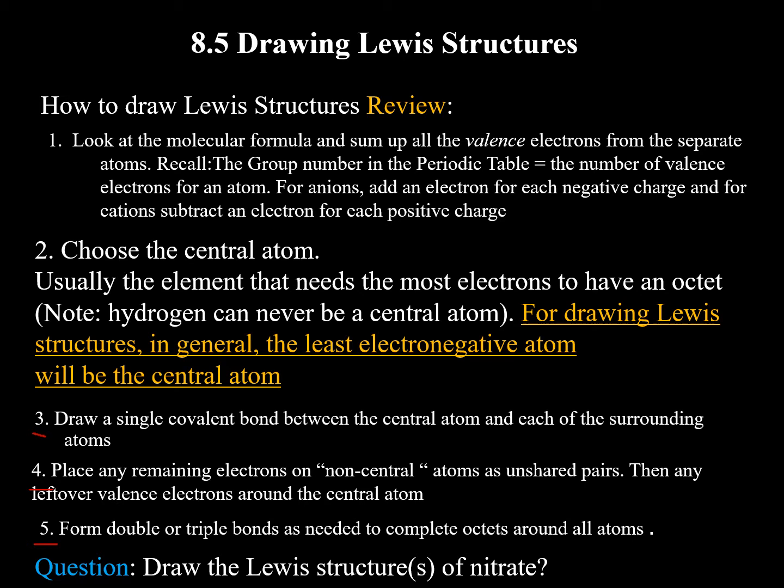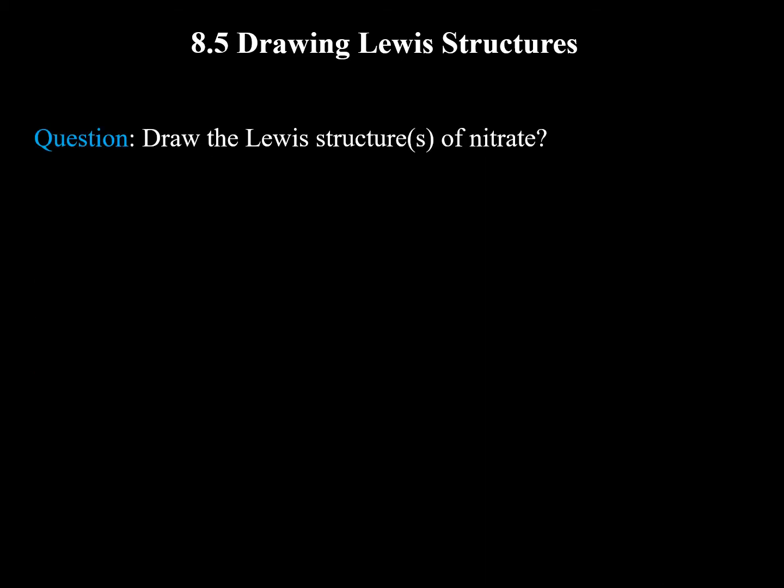So as an example, let's draw nitrate. You can pause the video. As you know, nitrate, NO3 minus. So first step, let's figure out the total valence electrons.